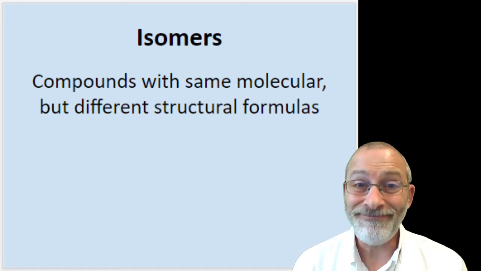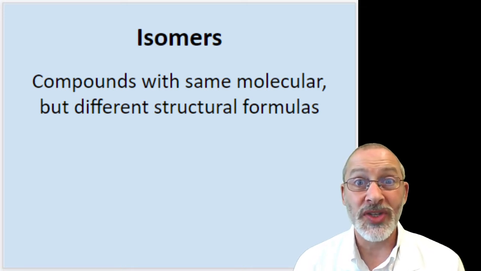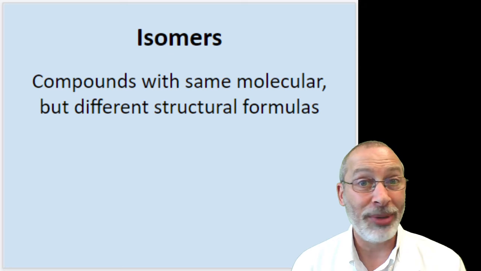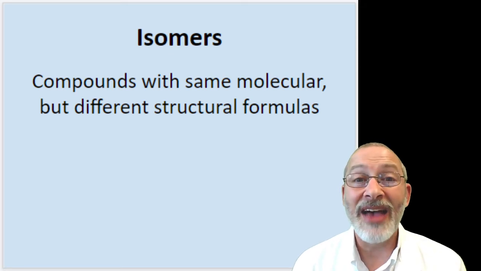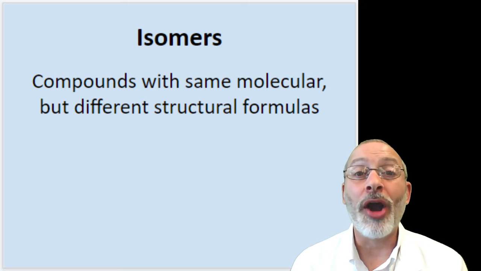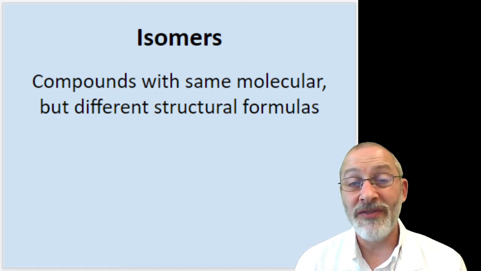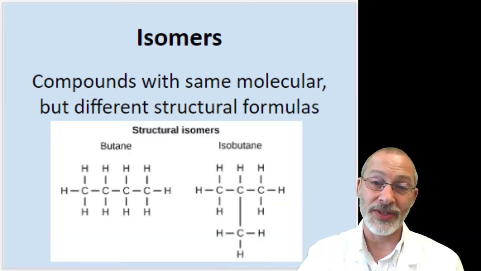But in organic chemistry, you can have two or more substances that are completely different and have the same molecular formula, but are built in different ways, which gives them different characteristics altogether. Let me give you a for instance.